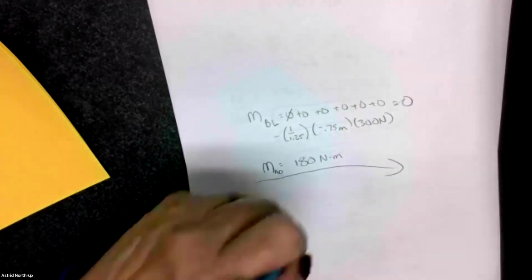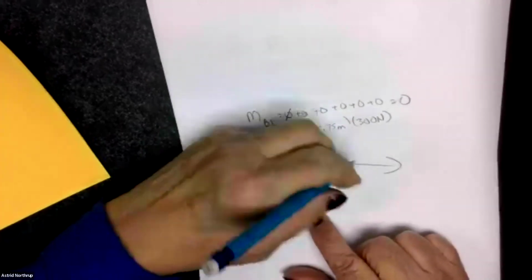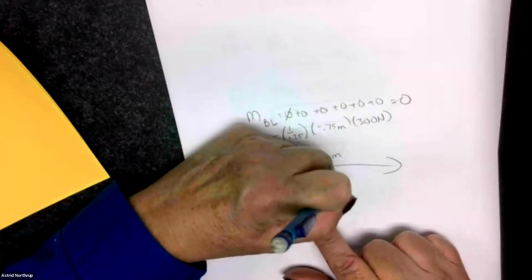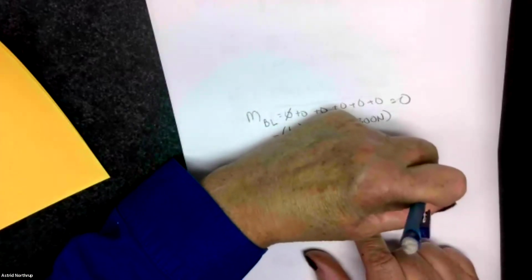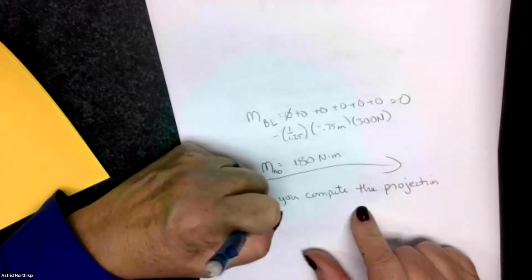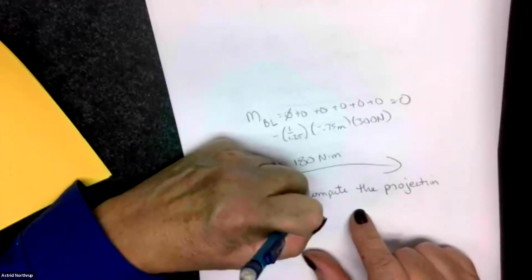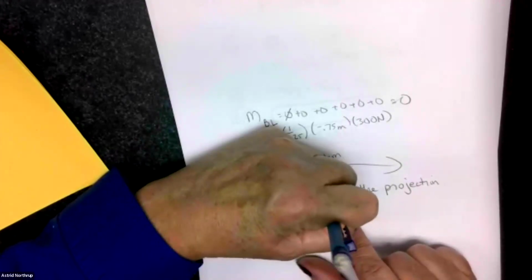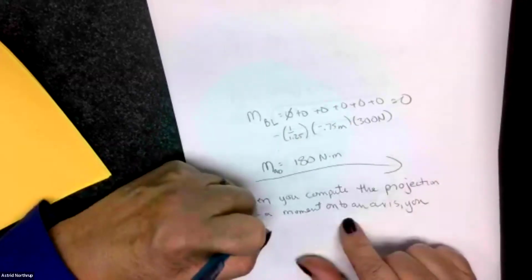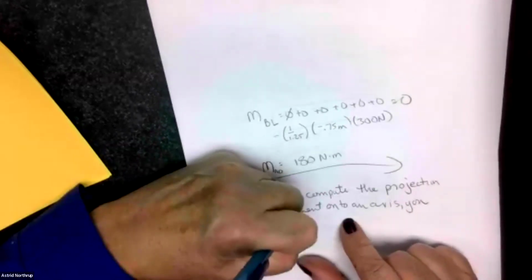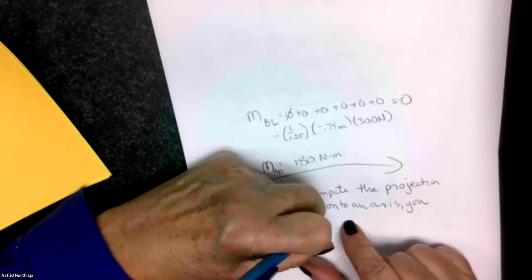When you compute the projection of a moment onto an axis, you need 3 vectors.